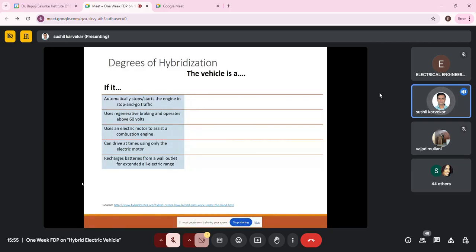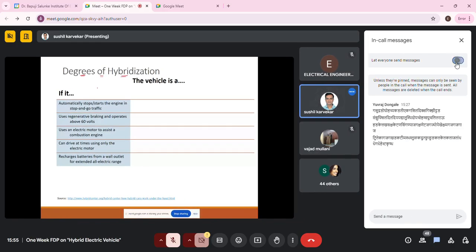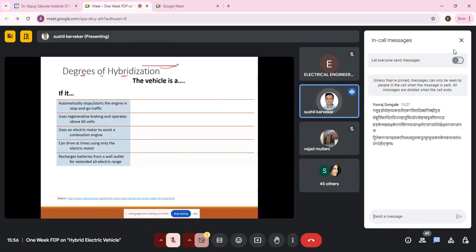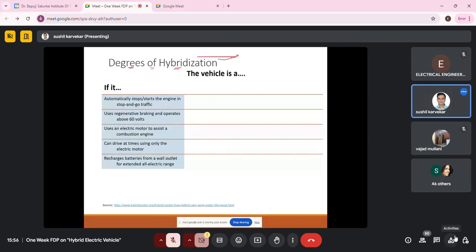So the next part that we need to understand is about degrees of hybridization. So there is this word coming as degrees of hybridization. Okay. So when we talk about degrees of hybridization, we are going to talk about the extent to which the electric components are present in the system.